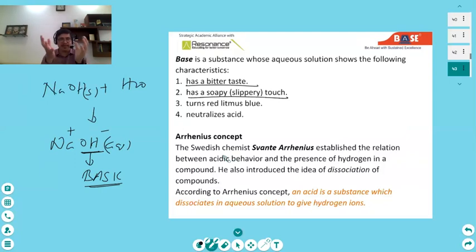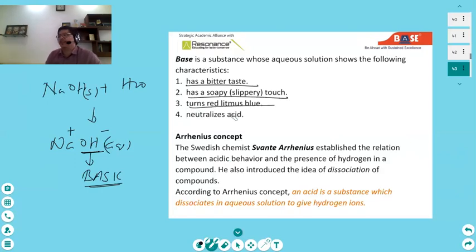So generally our outer part of the body, whether hand, feet or face, has fatty acid or oil. When the base comes in contact with that part of the skin, the base will dissolve this fatty acid and oil. Due to the loss of friction, the slipperiness is experienced by us.